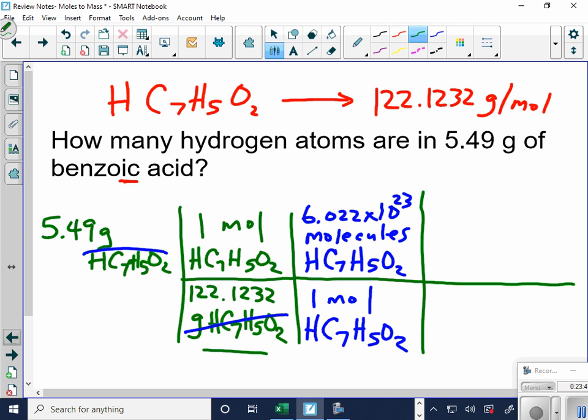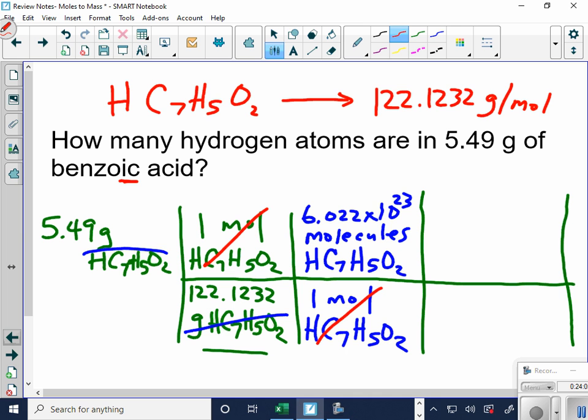I get my green out. I close my box here. I'm going to have enough room here. So I look and I say my moles here on top, moles here on bottom. Those cancel. I've now converted this into molecules of benzoic acid.